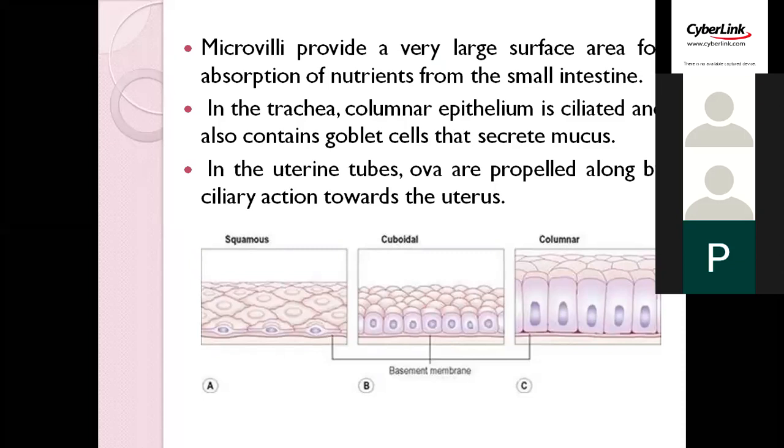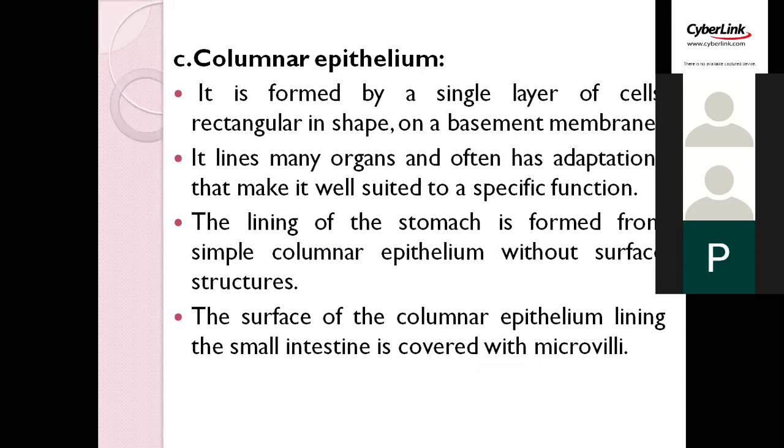And in the uterine tubes of the female reproductive organs, it helps in the movement of the ova or the egg. This is usually done to make the process of fertilization function. So this is about the columnar epithelium.